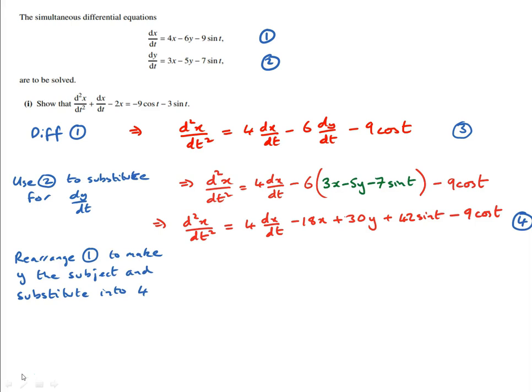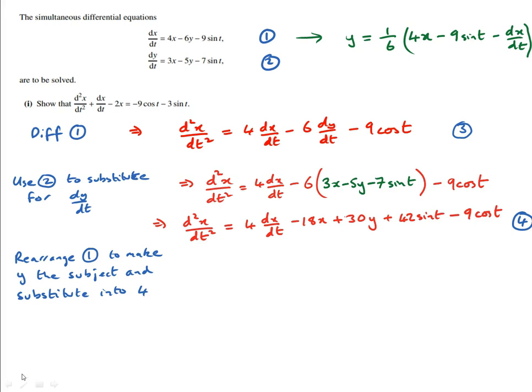So if I rearrange equation 1 to make y the subject, then I've got 6y is equal to 4x minus 9 sine t minus dx by dt. In other words, y is 1/6 of (4x minus 9 sine t minus dx by dt).